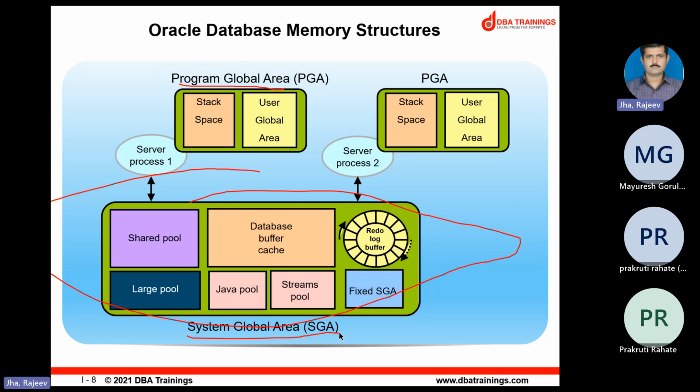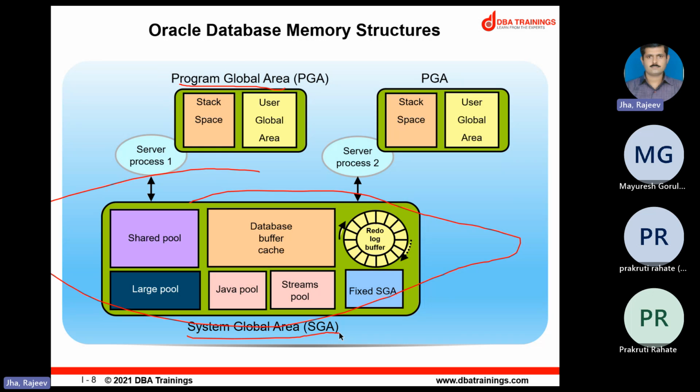That's why it is called shared memory. People also call it shared global area or system global area, based on its behavior and task, but the actual name is system global area.